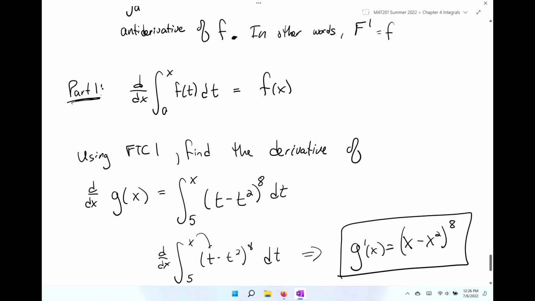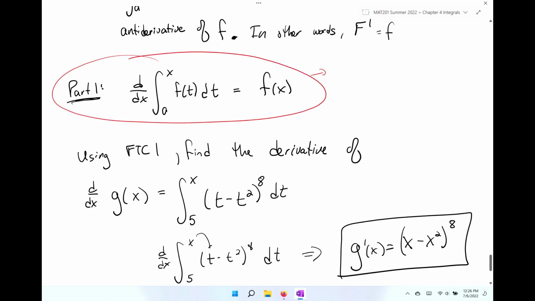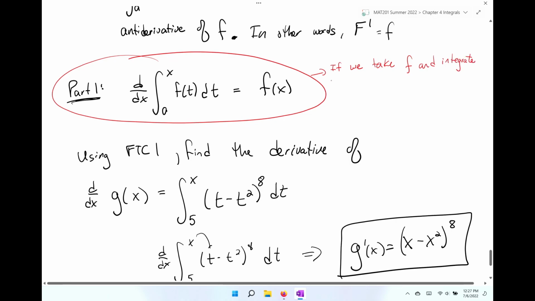So Part 1 says if we take f and integrate, and then the result is differentiated, we get the original function.